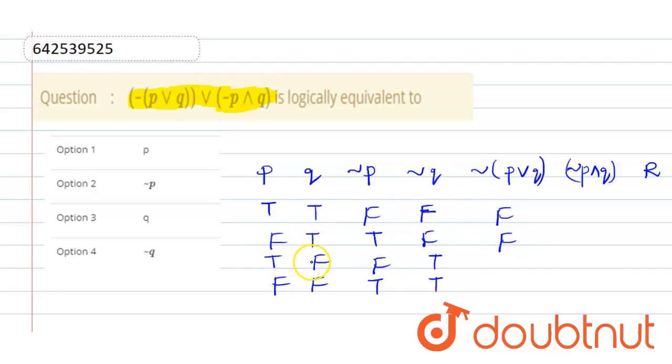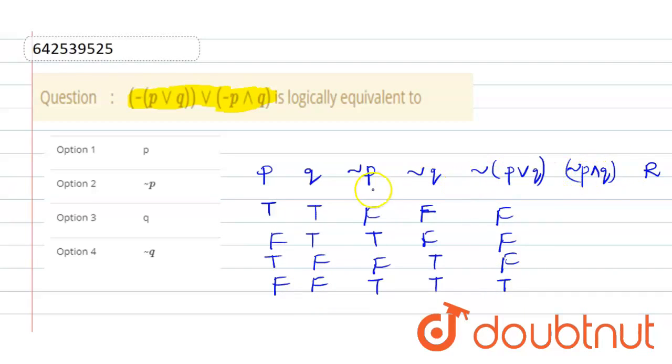True, false, applying OR condition we get true, but there is a negation, so here also we get false. False, false, applying OR condition we get false, but there is a negation, so we get true here.